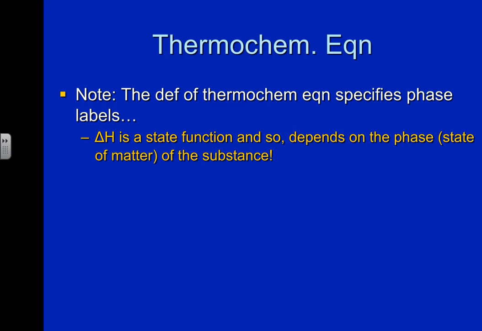In fact, do me a favor. In the same packet that we're working with today out of the textbook, just go all the way to the very back page. All the way to the very back page. And what you'll notice on that page is that it's table 6.2, standard enthalpies of formation. And let's see.